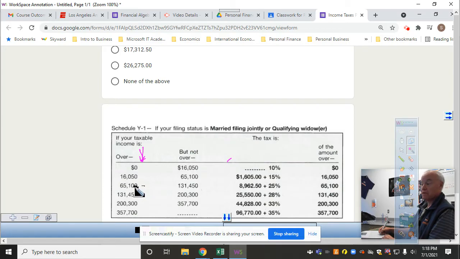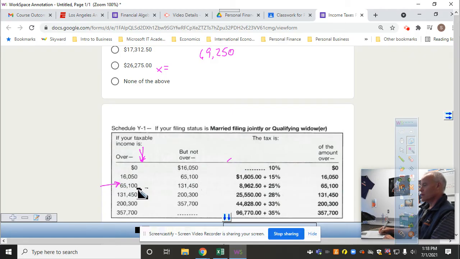Well, 65,000, I should say, 65,100 between that and 131,450. So again, we're trying to find the tax on 69,250. Again, X is my taxable income. We're looking at this interval over here.